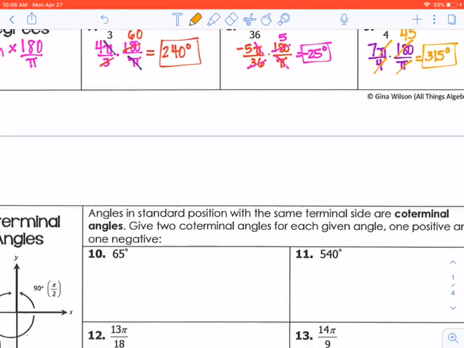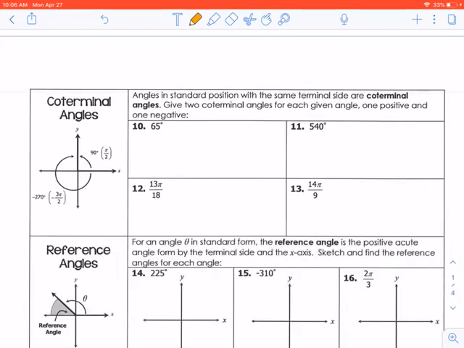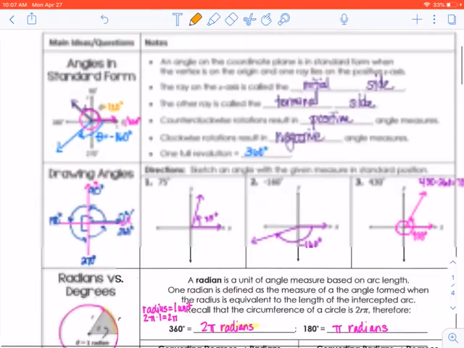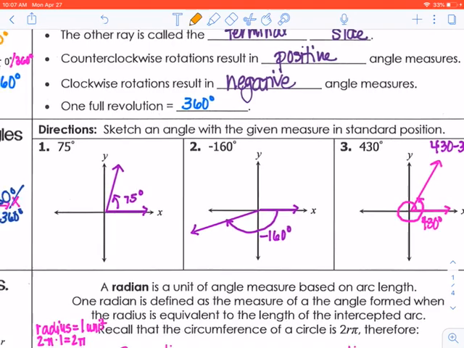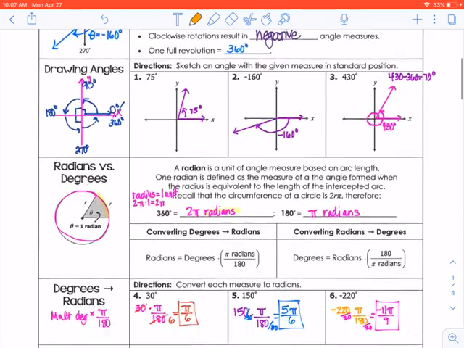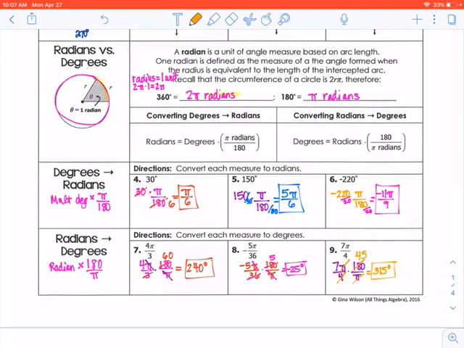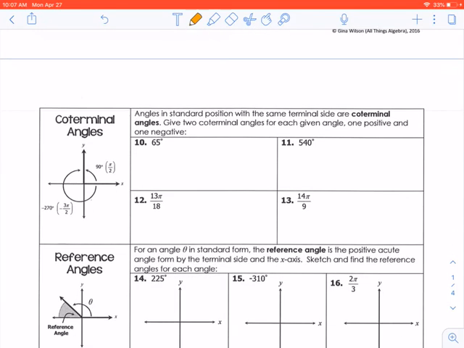All right, so now we're going to look at what we call coterminal angles. So we had standard angles, okay? These are standard position angles right here, okay? We had what we called, oh, we didn't talk about that. Just kidding. That'll be the next part. And then we had angles that we converted to radian measures. And now we're going to look at something called coterminal angles, okay?